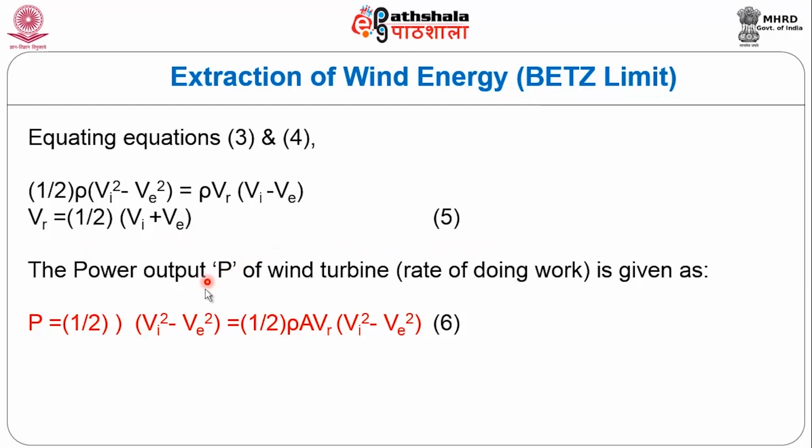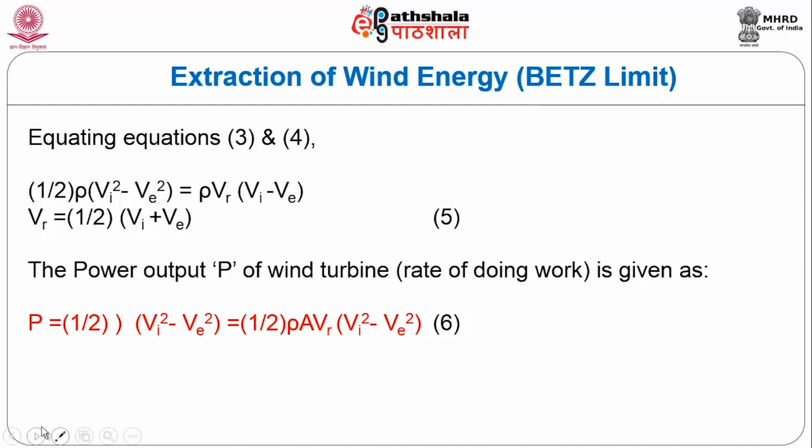And the power output of the wind turbine, the rate of doing work, is given as P, that is equal to half rho A V R into V I squared minus V E squared, that is equation number 6.